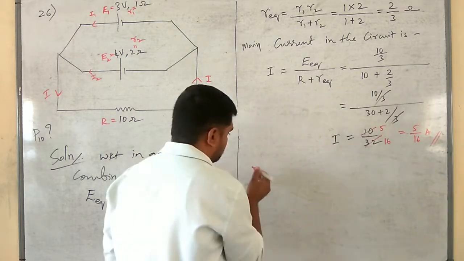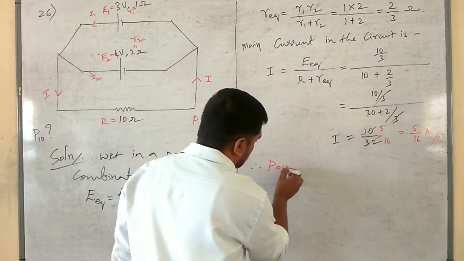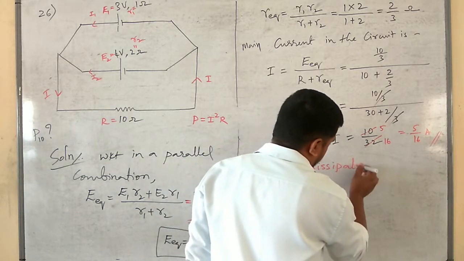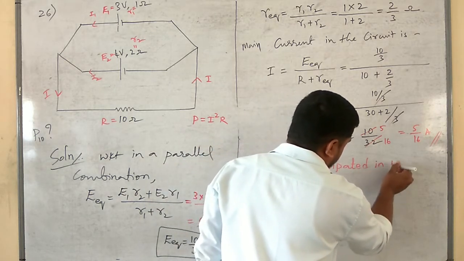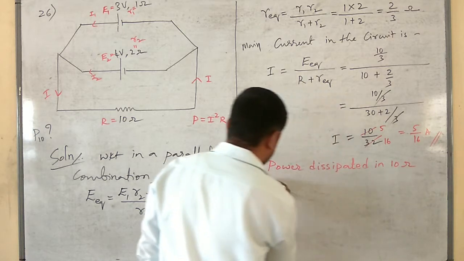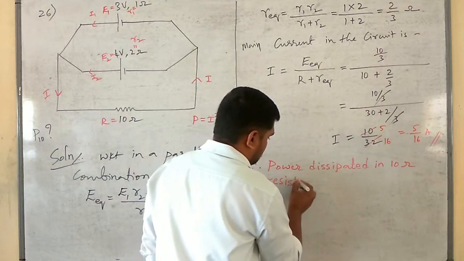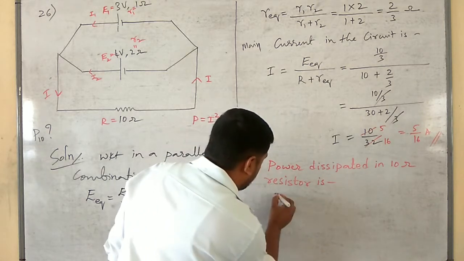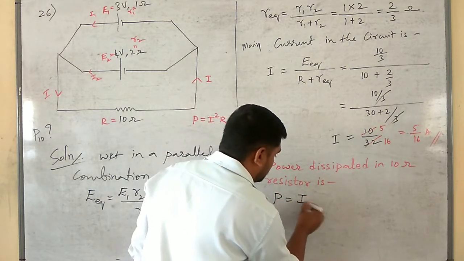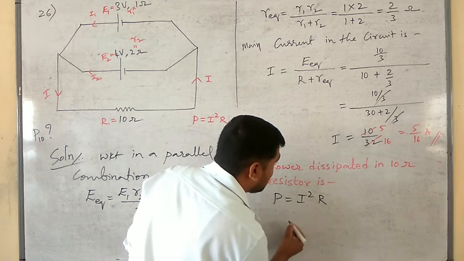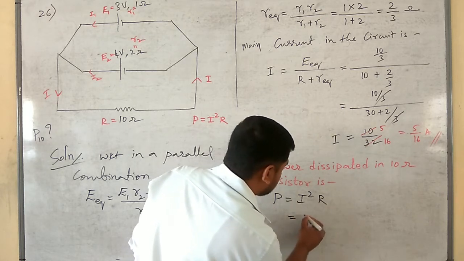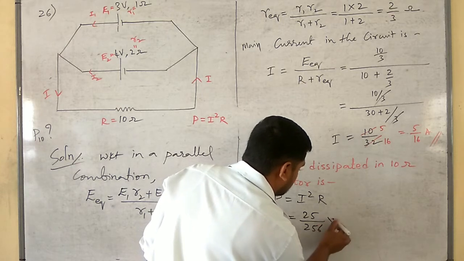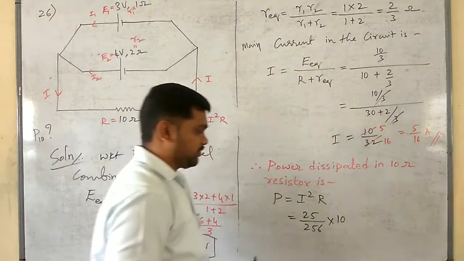Okay, therefore power dissipated in the 10 ohm resistor is P is equal to I square R. I square is 25 by 256 into 10.